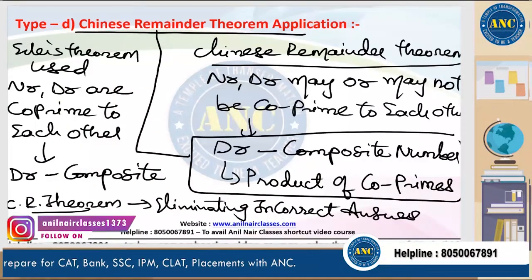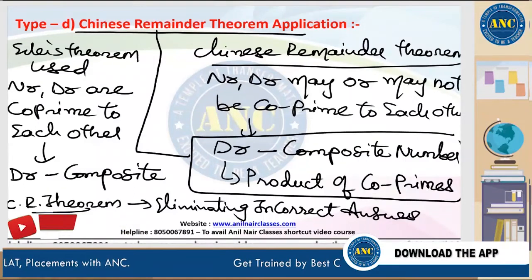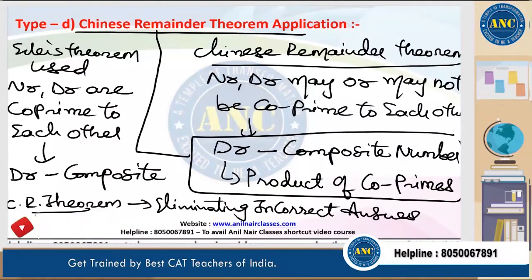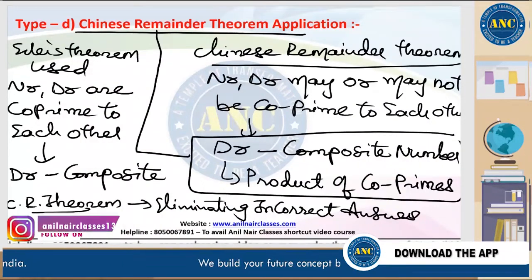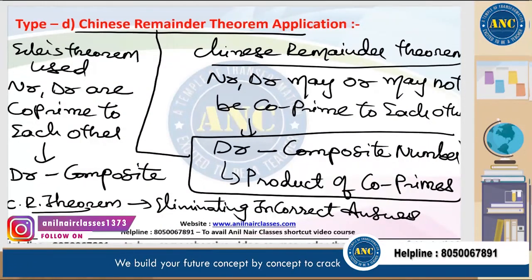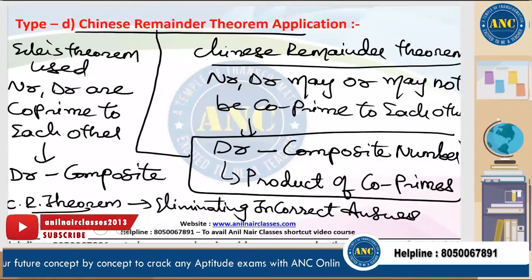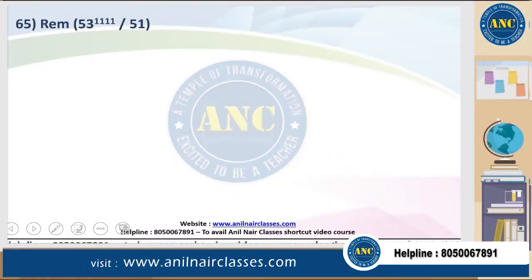Euler's theorem is used also when the denominator is a composite number. Chinese remainder theorem is used also when the denominator is a composite number. The only difference is Chinese remainder theorem can also be used when the numerator and denominator may or may not be co-prime to each other. For Euler's theorem, definitely it should be co-prime to each other. Now, I will explain this last point when I complete all the problem solving of Chinese remainder theorem.